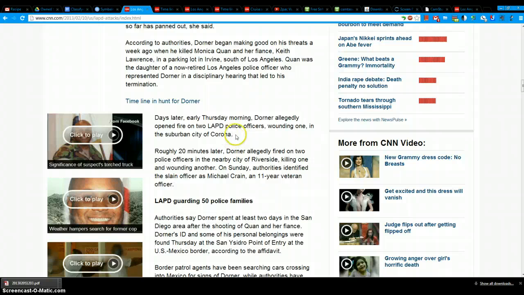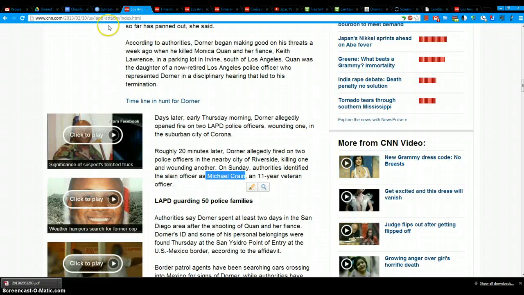Then, a couple days later, he shot at some police officers, didn't kill either one, and then drove off and just pulled up on 2 cops sitting at an intersection and shot at them a bunch of times, killing one of them. So the third person that he allegedly killed is this Michael Crane.